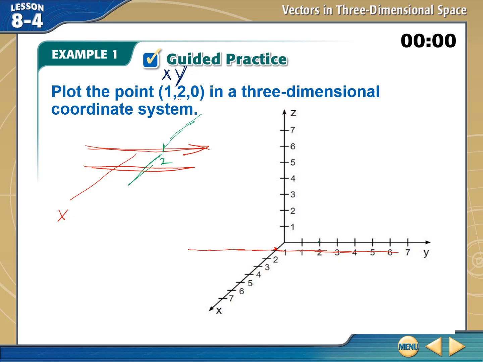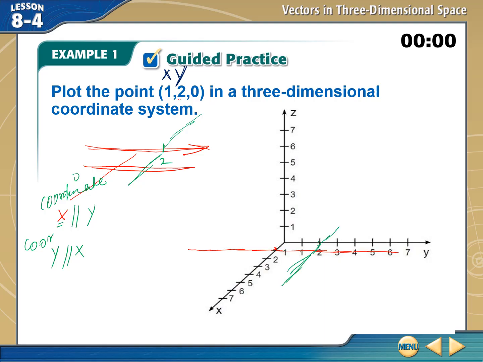That means from the x coordinate, make a line parallel to the y-axis, and from the y coordinate, make a line parallel to the x-axis. This is how you have to do it. On the 2, you make a line that is parallel to the x-axis.